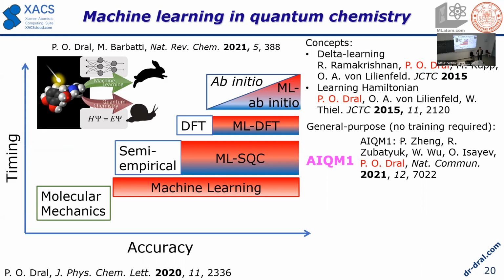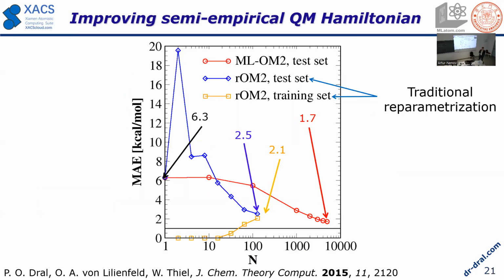On the other hand, currently you can benefit a lot if you merge methods, because it's very hard to get very good general-purpose methods in machine learning. But if you merge methods, it's much easier and more robust. And that's one of the main topics of this talk, the CASSCF approach, which does exactly this. The benefit of using machine learning is that if you get more points, you will get better accuracy, like this red line.